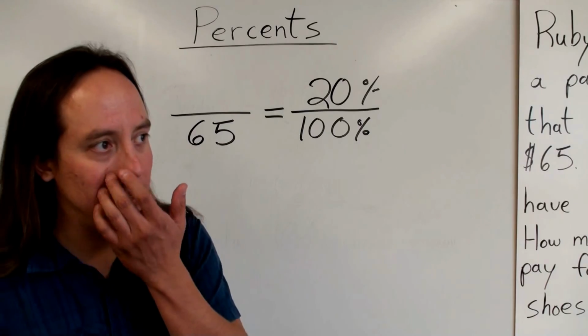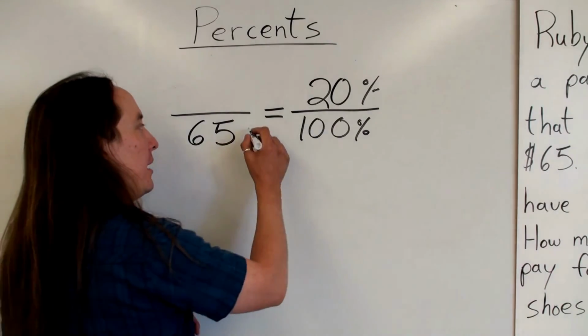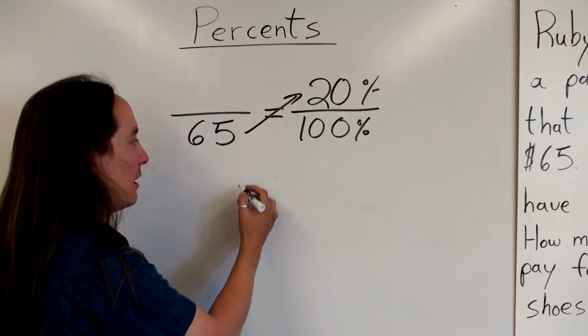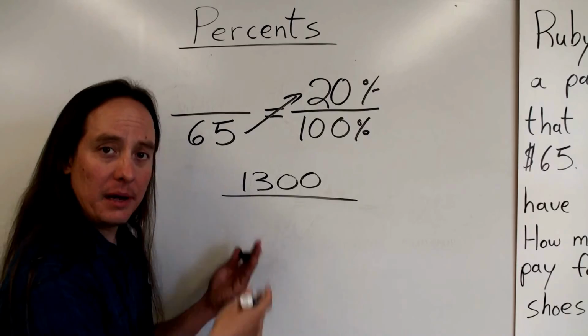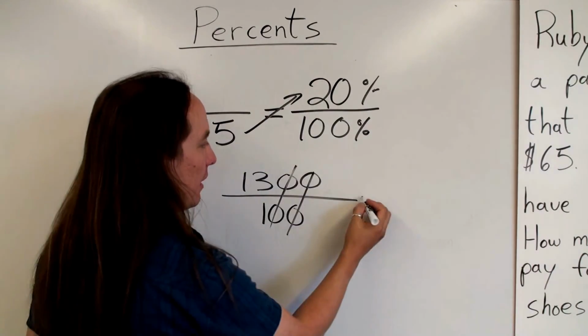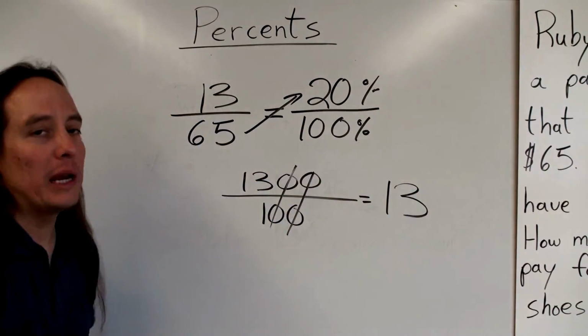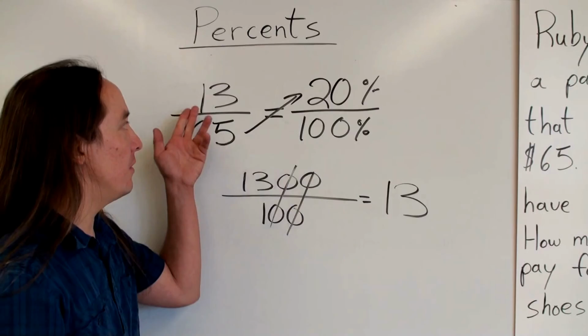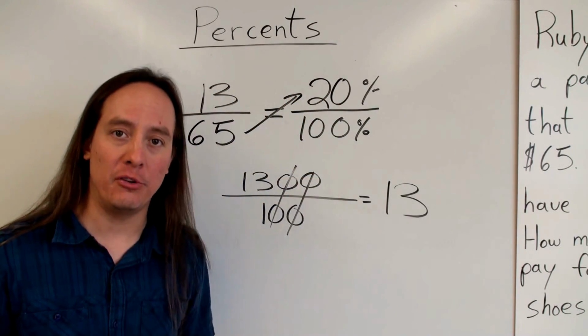I think a lot of you probably had a lot of luck with getting this one set up correctly. So we multiply diagonally, and that should give us 1,300. We divide by 100, cancel out the zeros, and I get 13. So 20% of 65 is 13, or 13 is equal to 20% when 65 is equal to 100%.